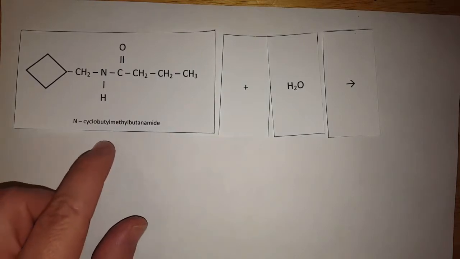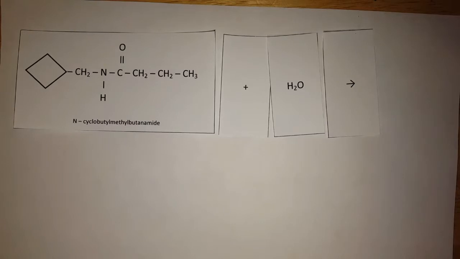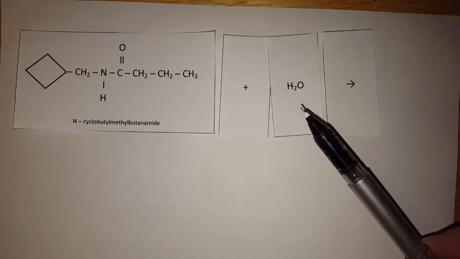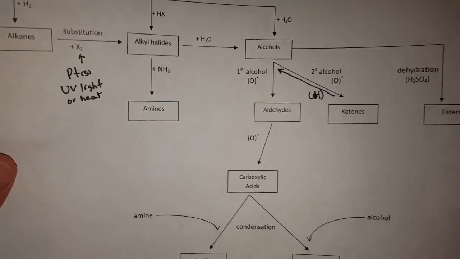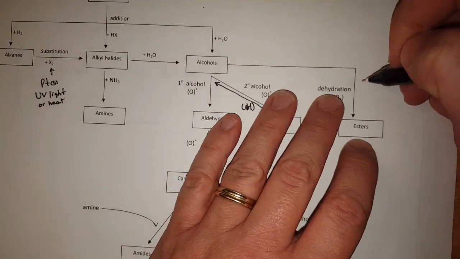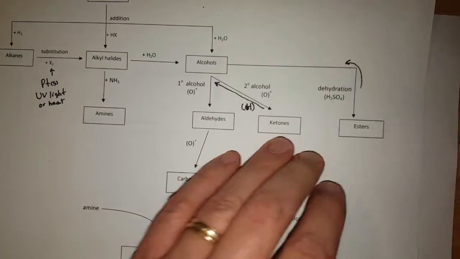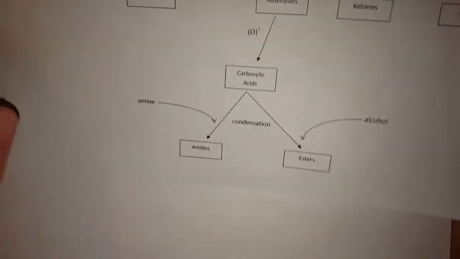Our next reaction involved the reaction of this molecule, and even if we didn't know the exact reaction, since we're reacting with water, that tells us that it's going to be a hydrolysis reaction. So if we go to our flow chart, we can have one hydrolysis reaction occur here, where I break down my ester back into the alcohol and acid.